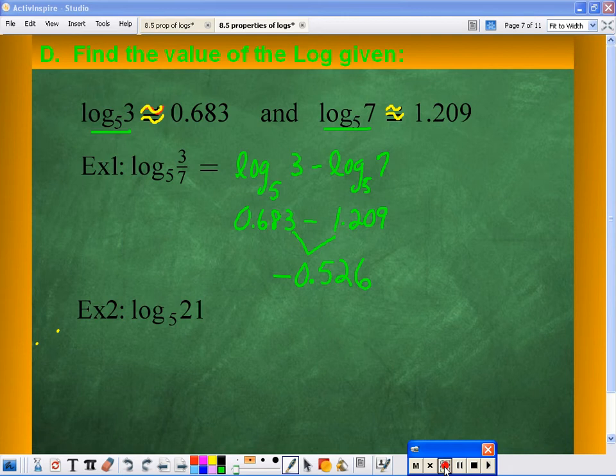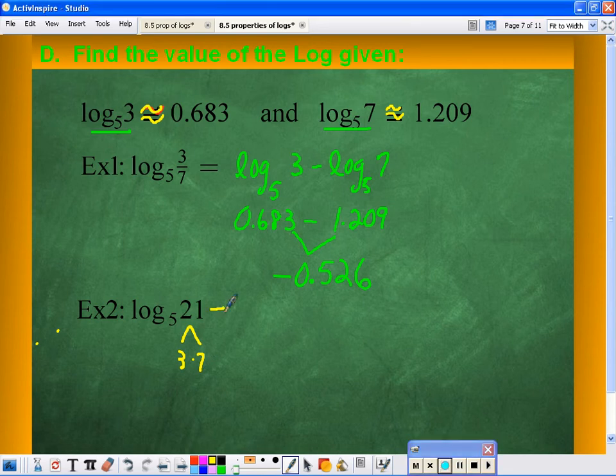Okay, on this next example, log base 5 of 21, since we have the value of log 3 and log 7, is it real obvious to you that we're going to break down that 21 to be 3 times 7? What do you think of that possibility?